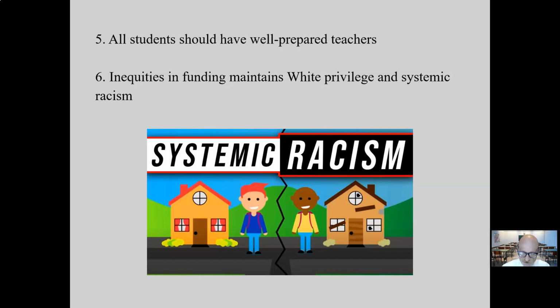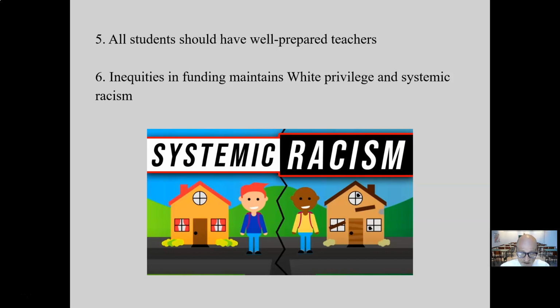This means that teachers should have equitable working conditions and pay. The teachers in the inner city should be paid and have the same conditions as in the suburb or the wealthier school districts.